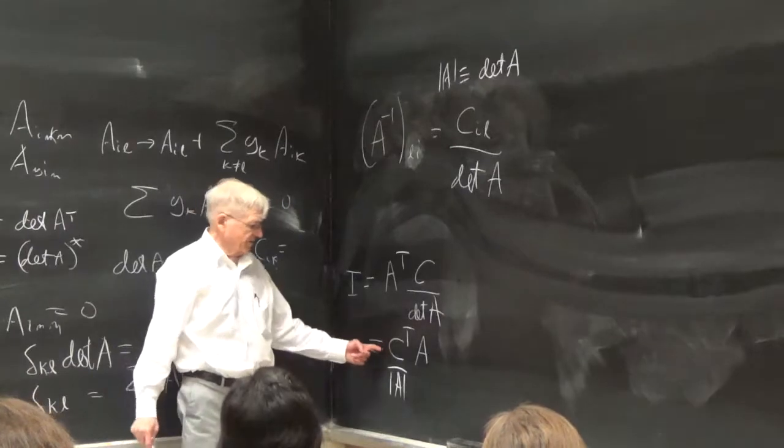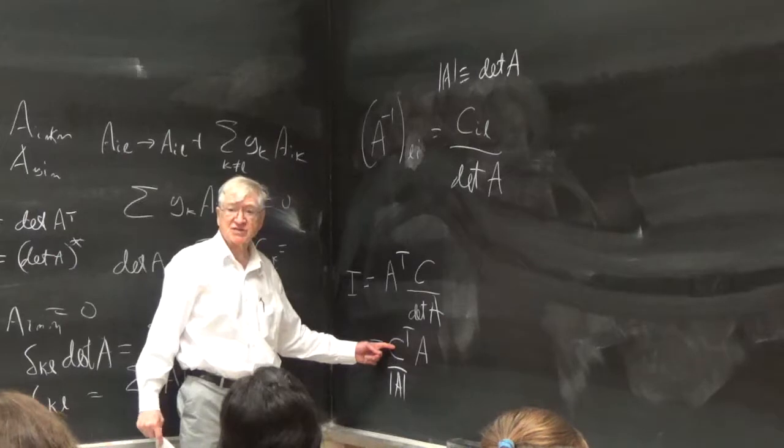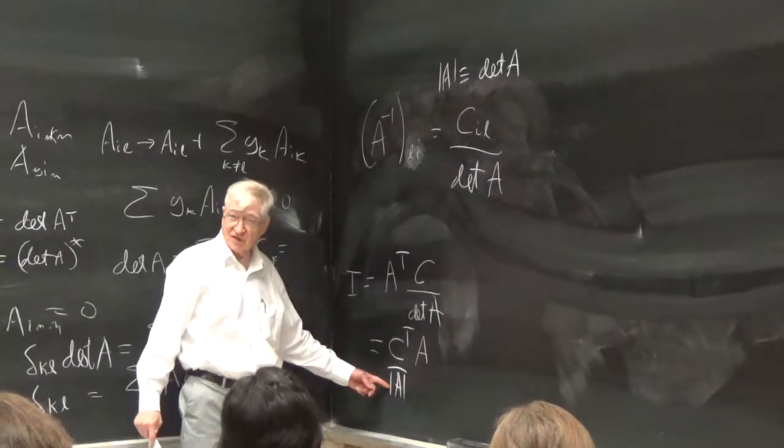So the inverse of a matrix is the transpose of the matrix of cofactors divided by the determinant of the matrix.